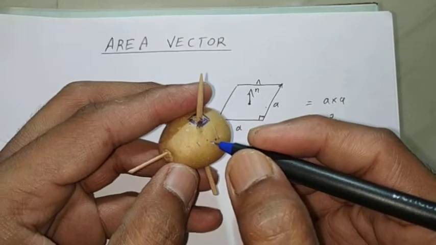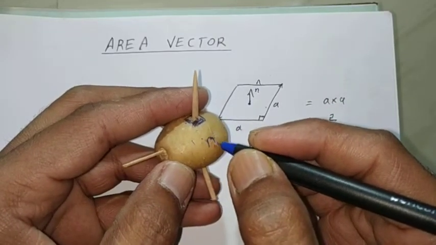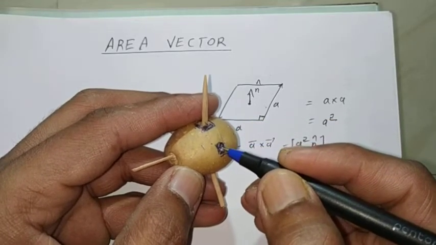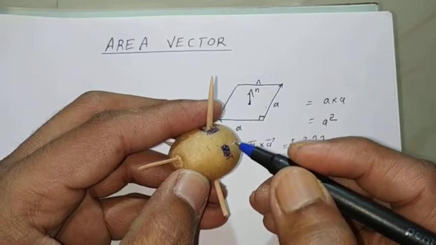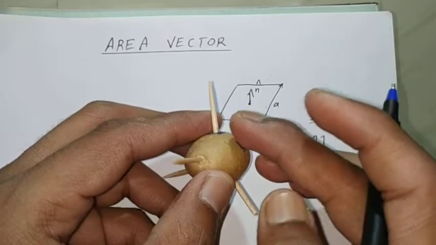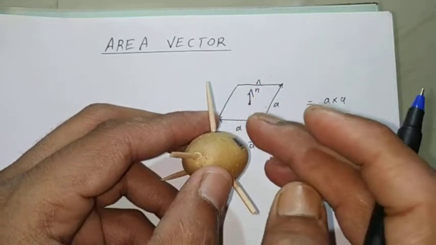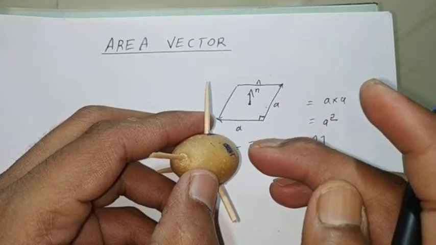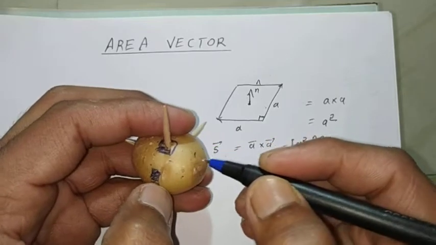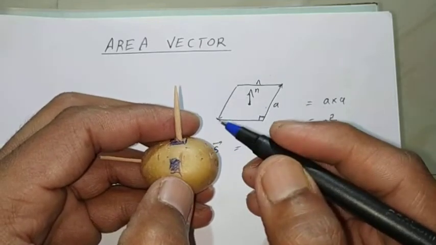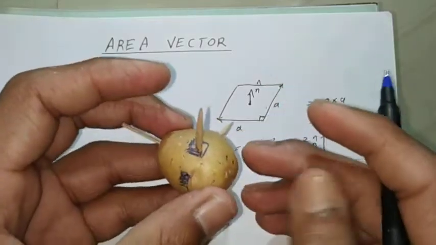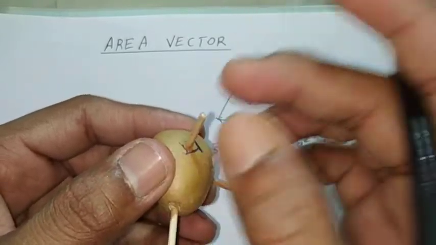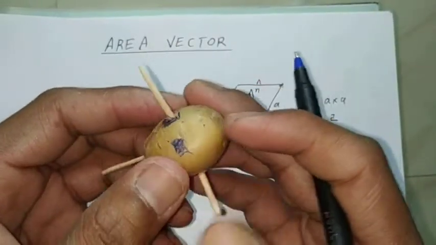That means if we want to take this area, we have to consider a very small element of it and see the direction of its planar surface, and its perpendicular direction will be our area vector. So for every point we will have a different area vector. It does not have one area vector, it has a number of area vectors, each exactly perpendicular to the surface. But what is the direction?